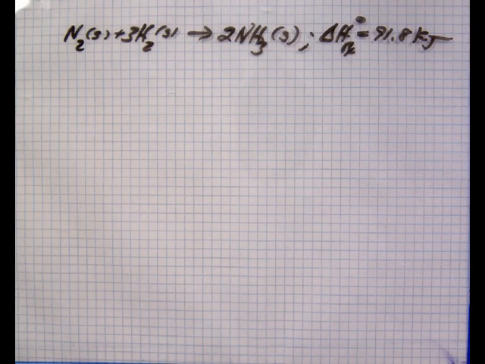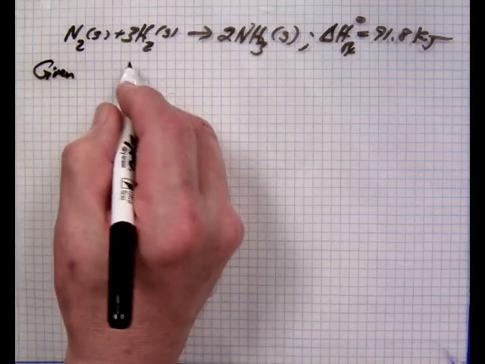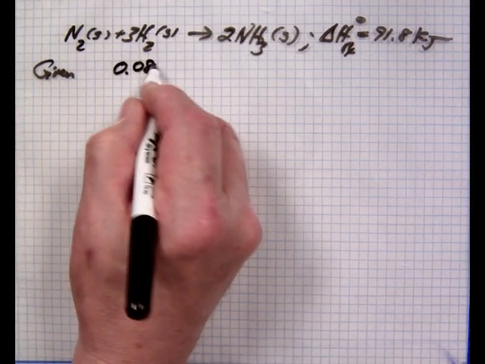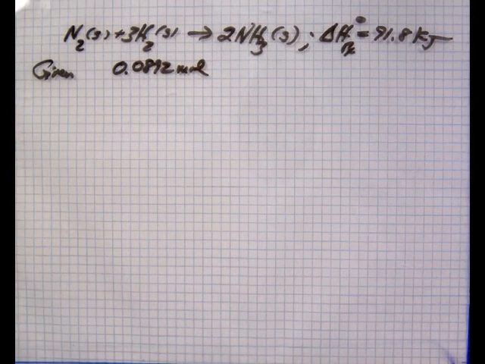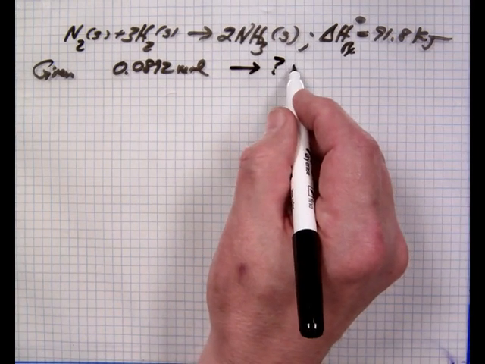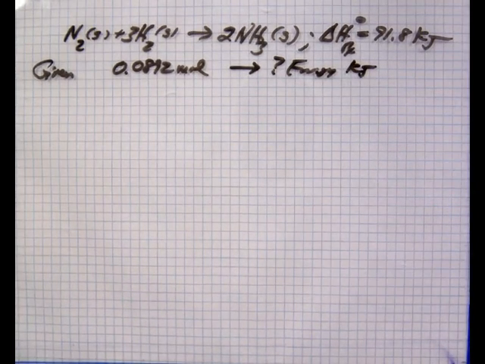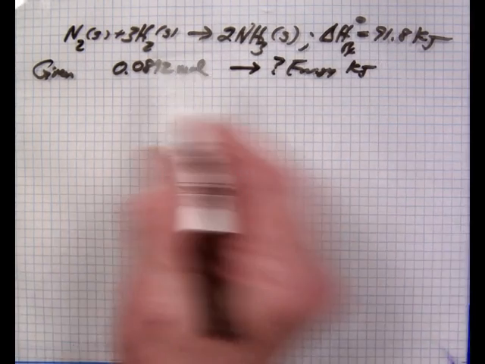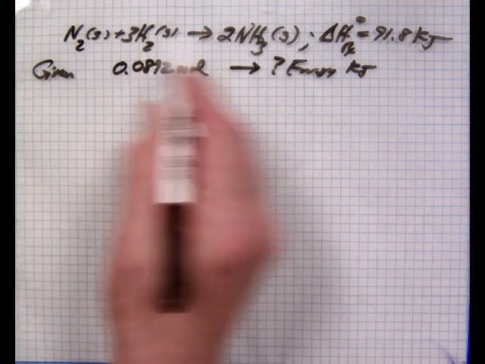This equation right there, and let's say you are given 0.0892 mole of hydrogen gas, okay, yields how much energy in kilojoules out of this? Well, the number attached to the equation is just as proportional as anything else in here, okay?